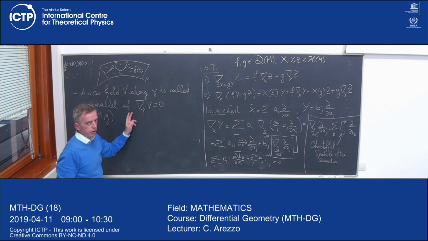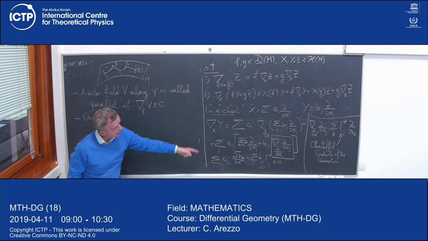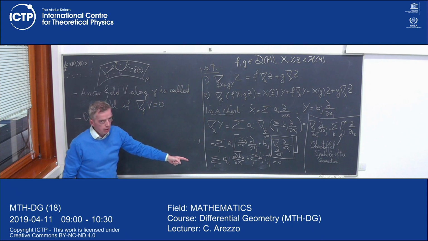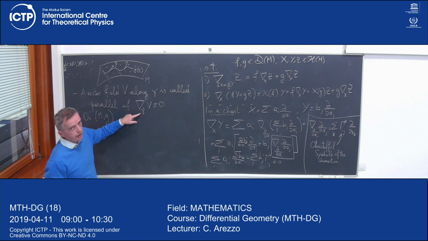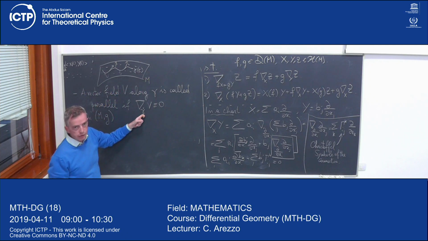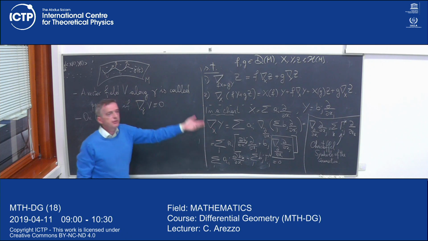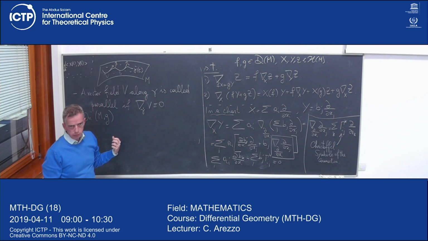So in principle there was a jump here. You see? This is not defined over M, or not even on an open set, while all this story applies to those. So what I need to do is take this vector, extend it, so find a vector field on M whose restriction to the curve is exactly this one. Is it always possible? Then apply this story, and then restrict everything to the curve.